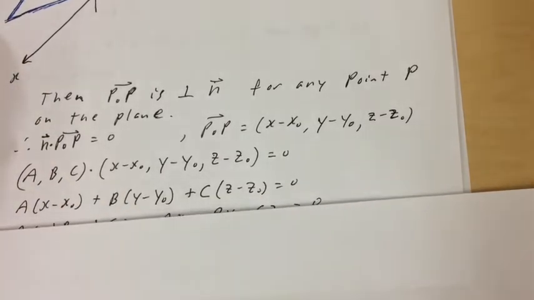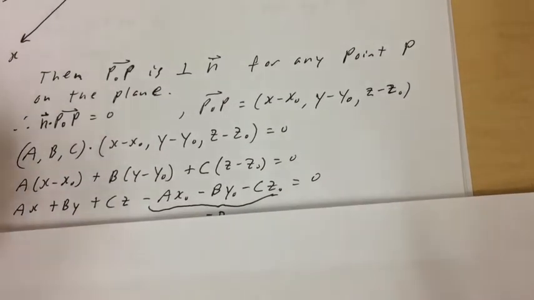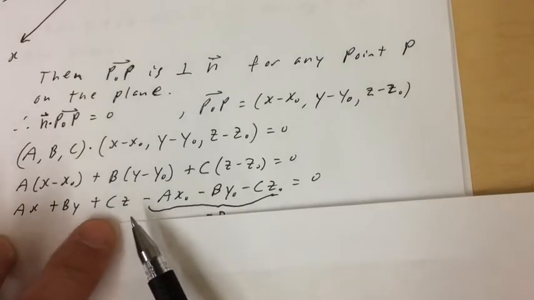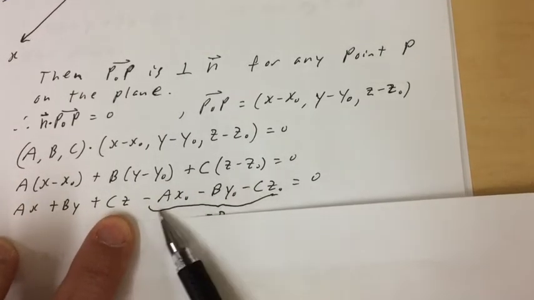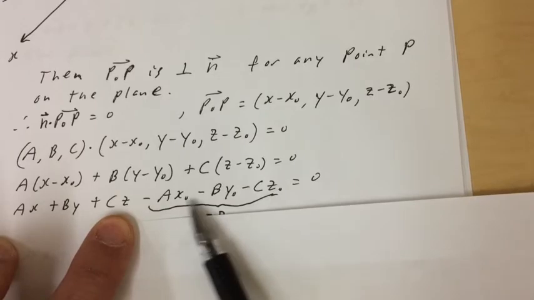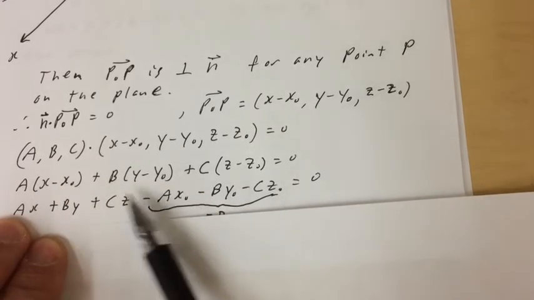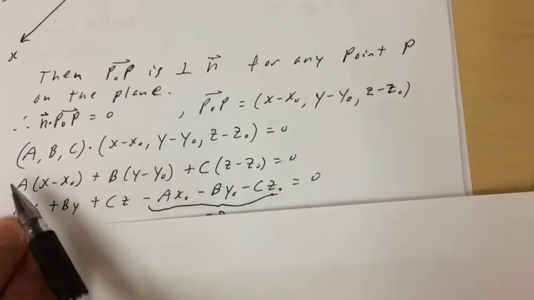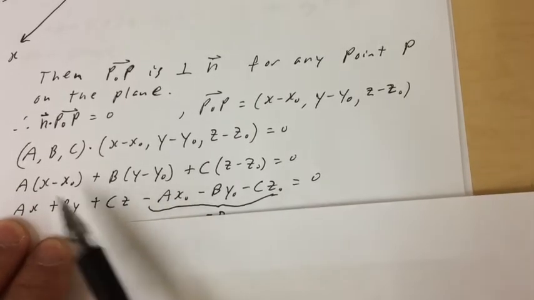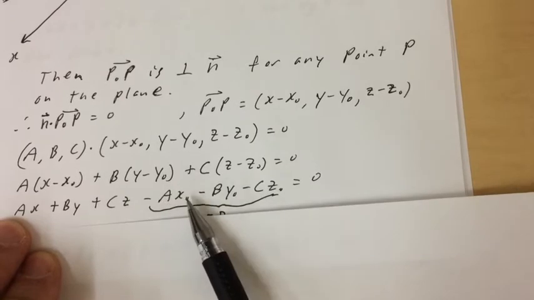We can simplify that one more step. We get AX plus BY plus CZ minus these constant terms. So AX minus AX naught, and I put the minus AX naught over here because that's going to be constant. We know A and we know X naught, so those are constant values.